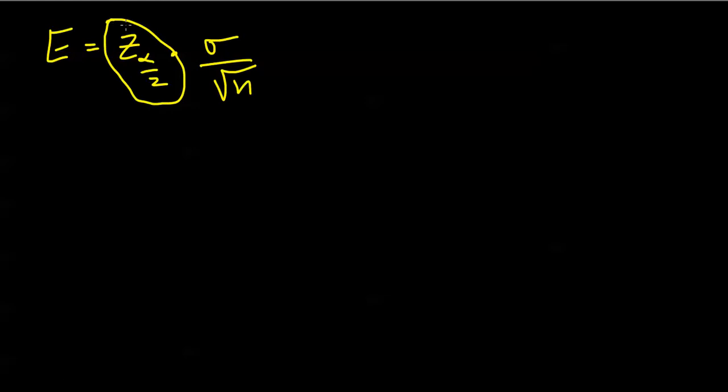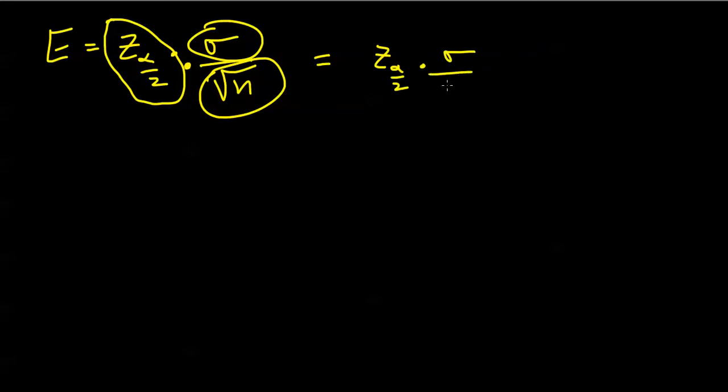And that will remind us which operator to use on our calculator here. So this formula, z sub alpha over 2 times population SD divided by the square root of n, is similar to the formula that we saw in section 7.2.